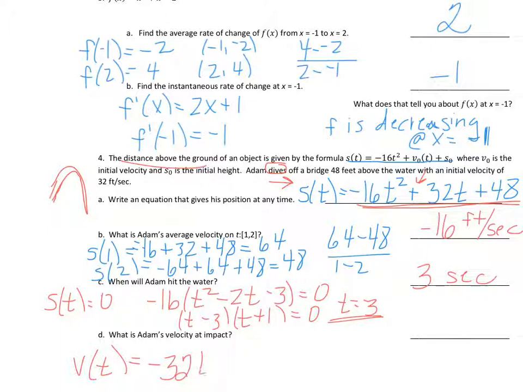Negative 32t plus 32. And since it's asking me about impact, I'm going to find v of 3. So I would have negative 32 times 3 plus 32, so that's really negative 32 times 2, which would be negative 64 feet per second.